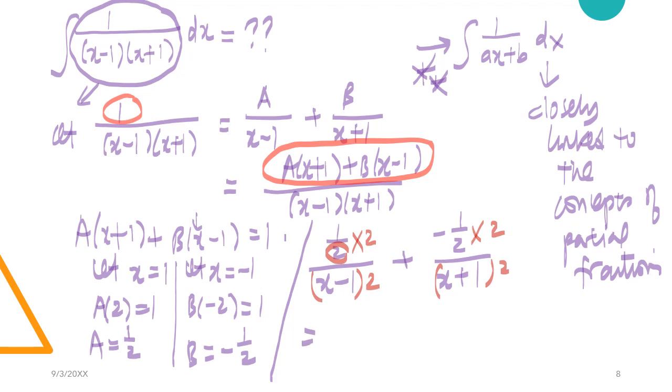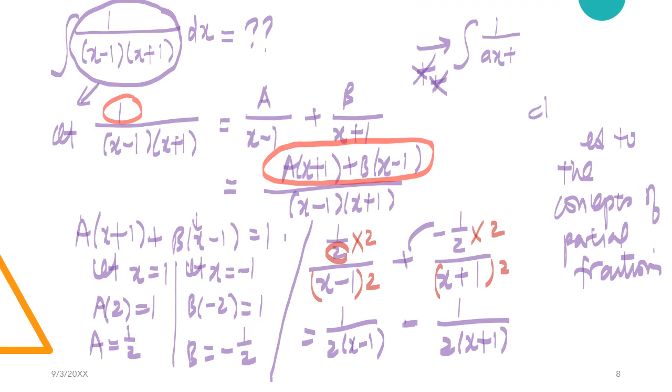Half times 2 gives you 1, and negative half times 2 is negative 1. So we get negative 1 over 2 bracket x plus 1. So we have successfully expressed the huge algebraic fraction into two partial fractions. Right, then how do I continue?